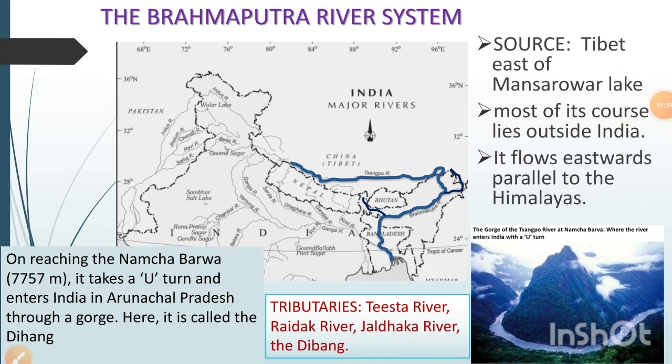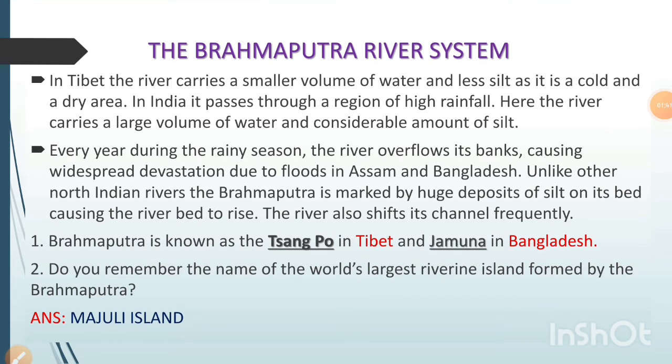Coming to the next slide. In Tibet, the river carries a smaller volume of water and less silt, as it is a cold and dry area. In India, it passes through a region of high rainfall. Here the river carries a large volume of water and considerable amount of silt.